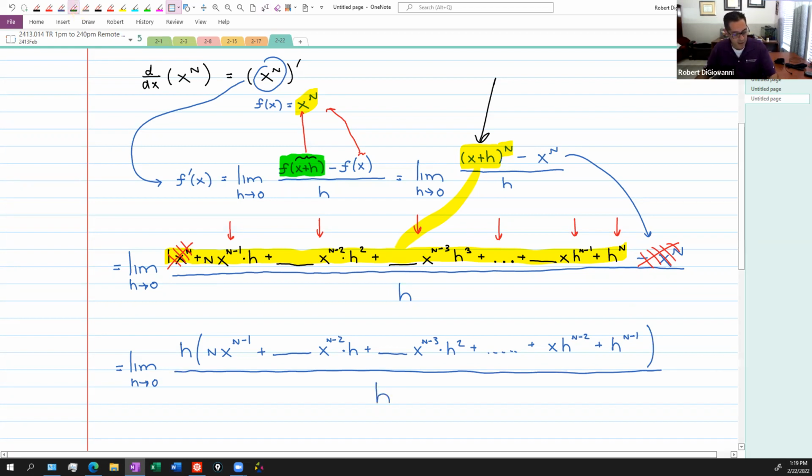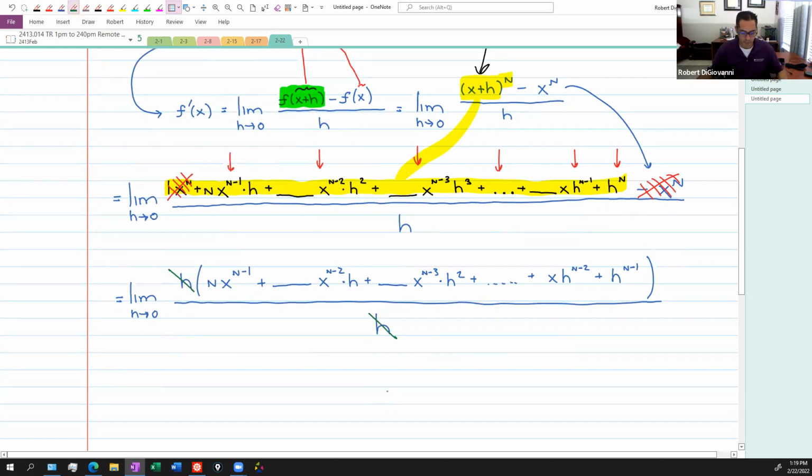Now I can cancel the h. Last and very critical step. We're ready to let h go to 0, right? This term has an h in it. This term has an h in it. All of these terms have h's. Do you all agree that there's h's in every one of those?